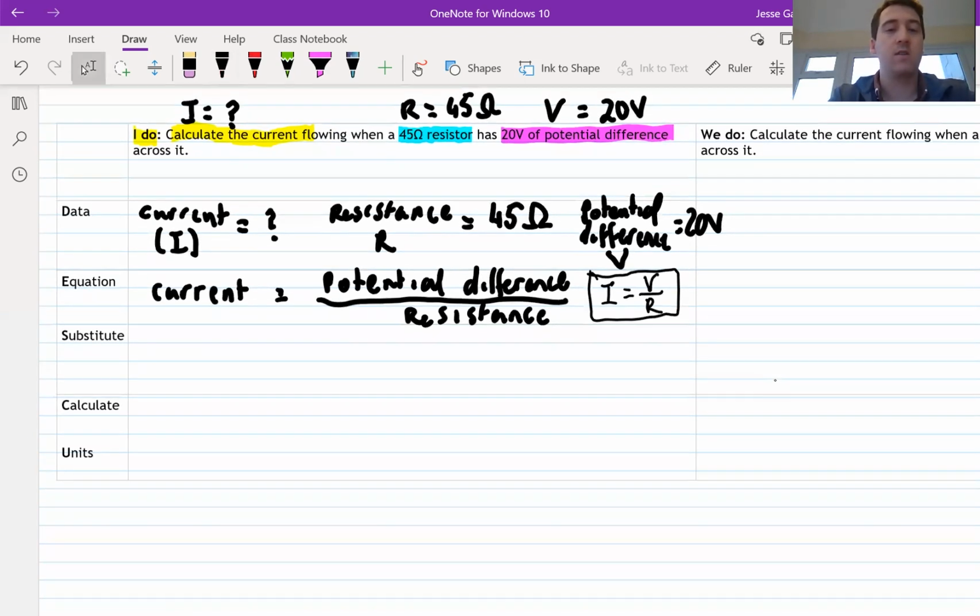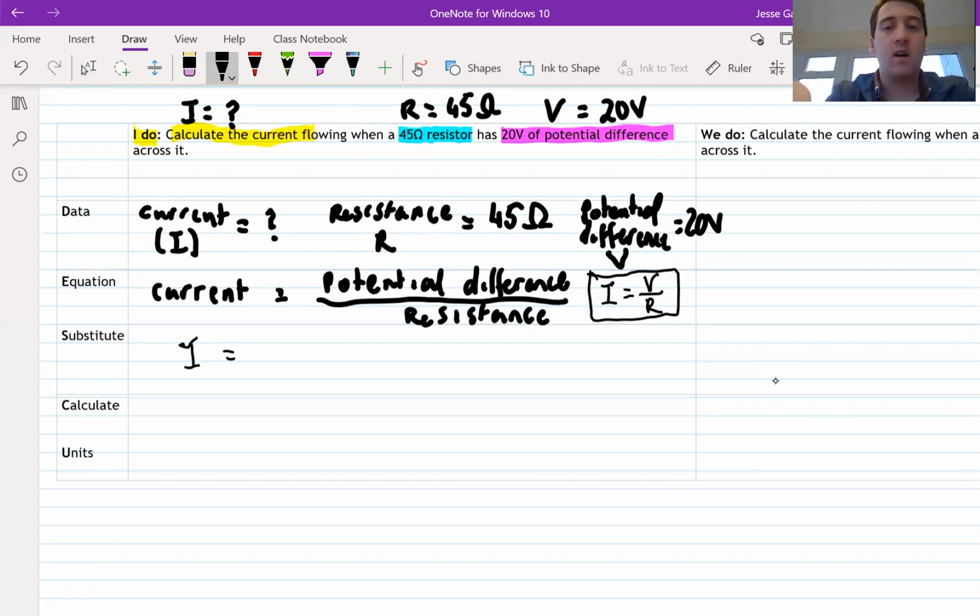The third line is substitute. We can substitute when we know the number for a word. For instance, current, I do not know any current here, so that's going to stay as I for short. I equals.